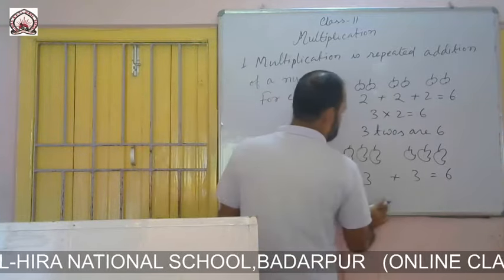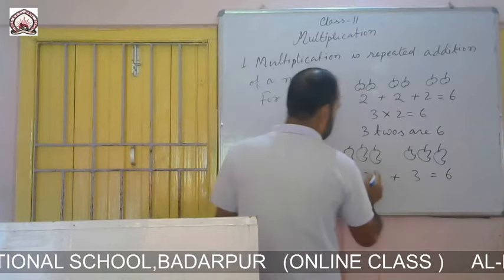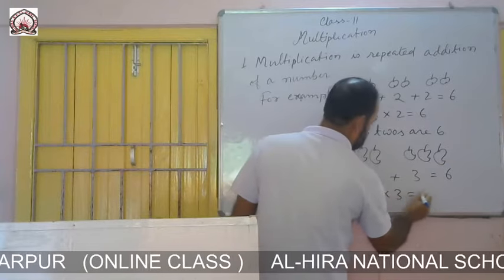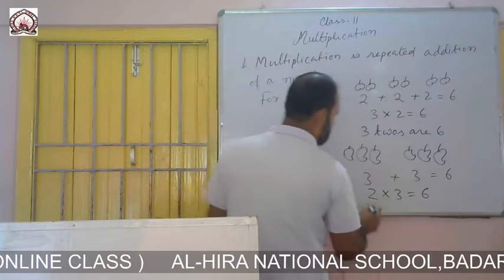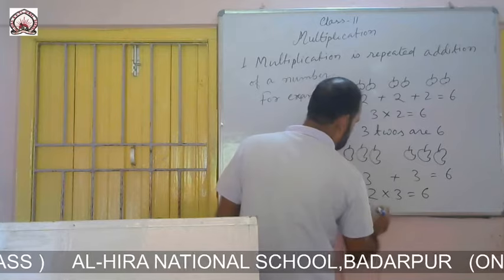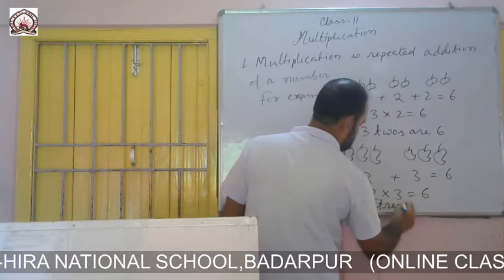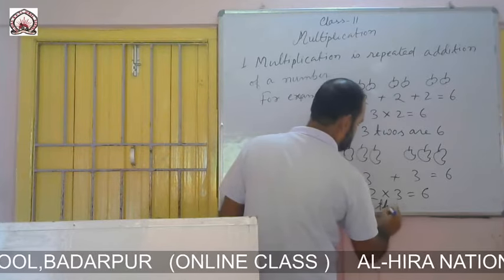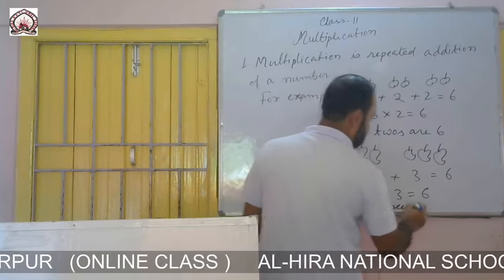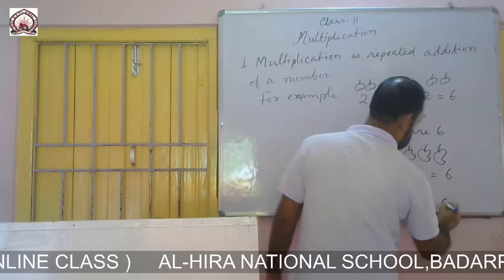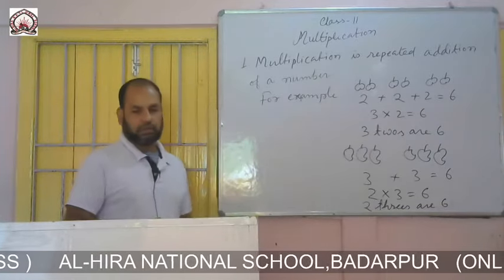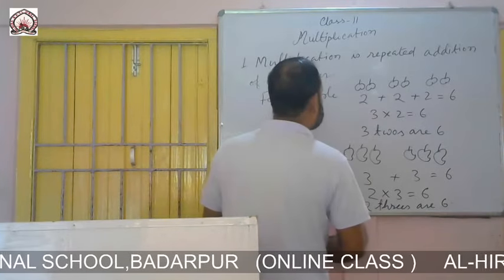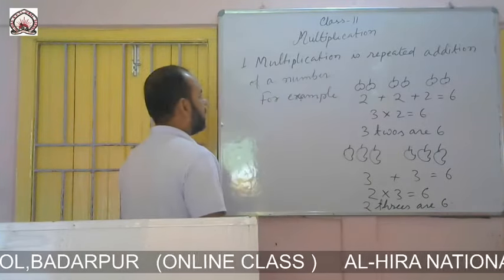And if we multiply, then we write 3 how many times? 2 times. 2 3s are 6. Or in words we write 2 3s are 6. So we got here multiplication is repeated addition of a number.